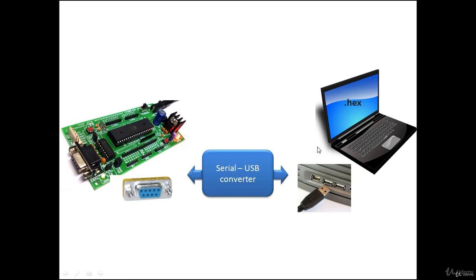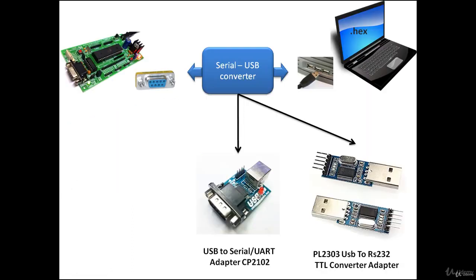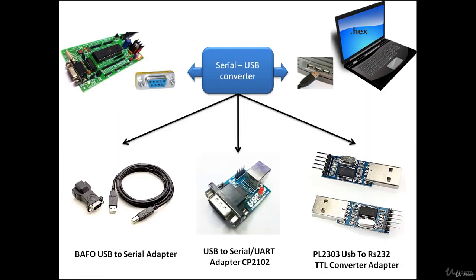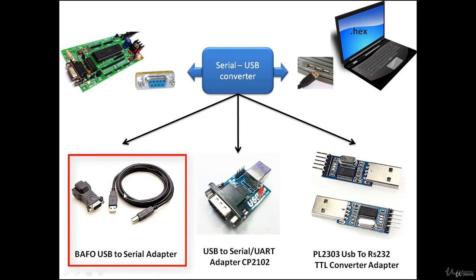In such a condition, we need a serial to USB converter to transmit data from the laptop to the microcontroller. There are different types of USB to serial converters available in the market. Out of all these, I am using this particular USB to serial adapter from BAFO.